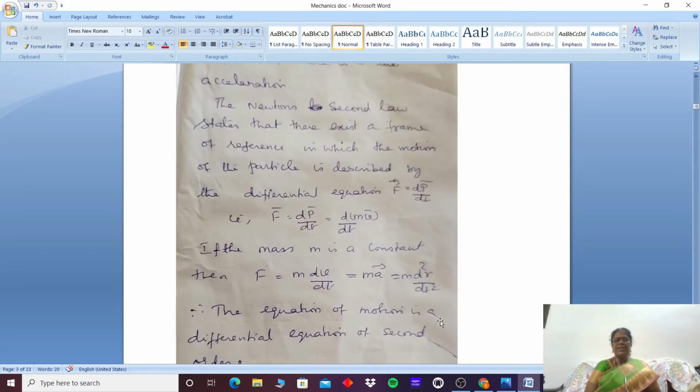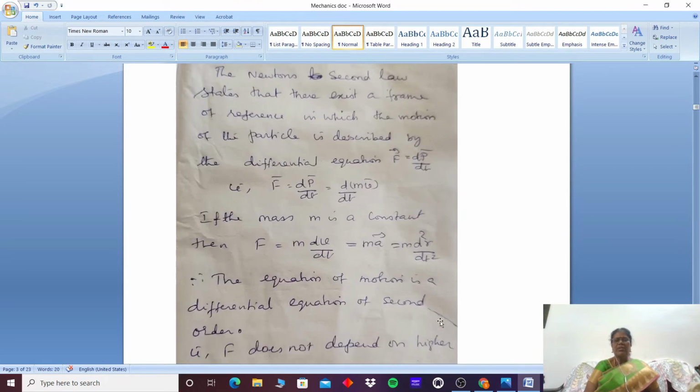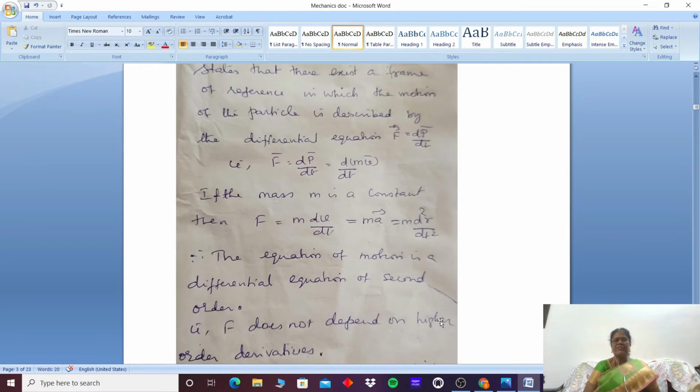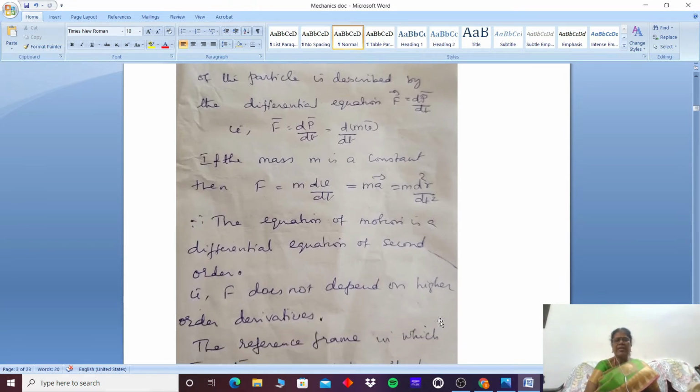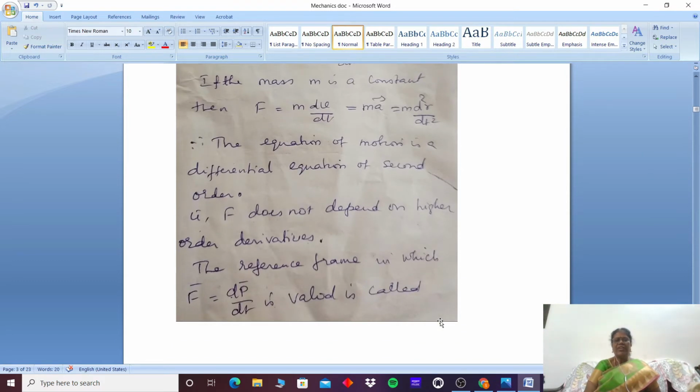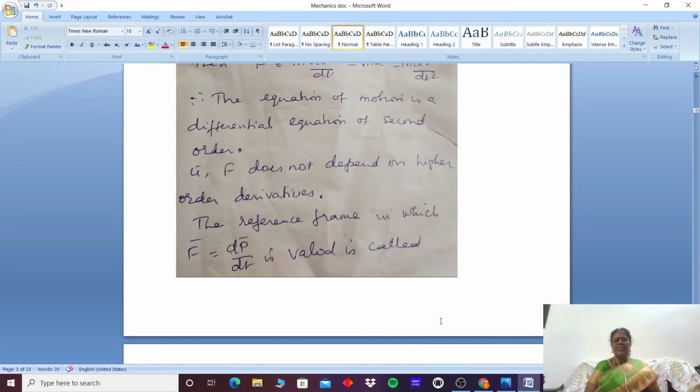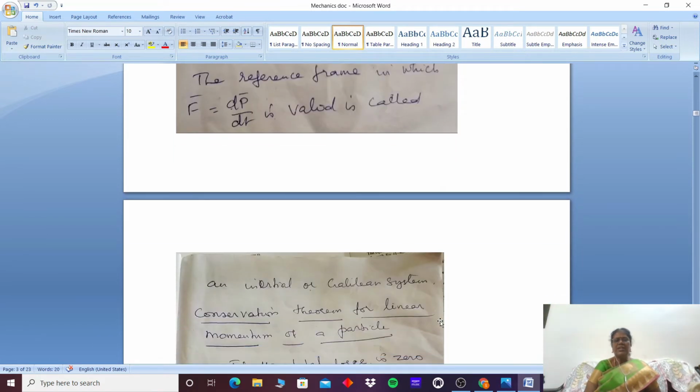If the mass m is a constant, then F is equal to m into dv by dt is m into d square r by dt square. The equation of motion is a differential equation of second order. That is, F does not depend on higher order derivatives, and the reference frame in which F is equal to dp by dt is valid is called an inertial or Galilean system.